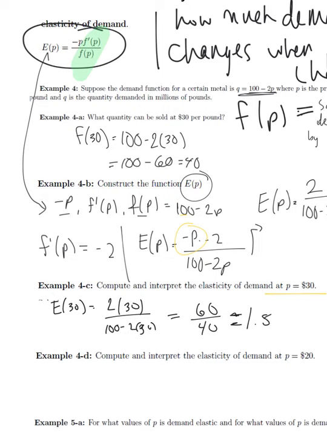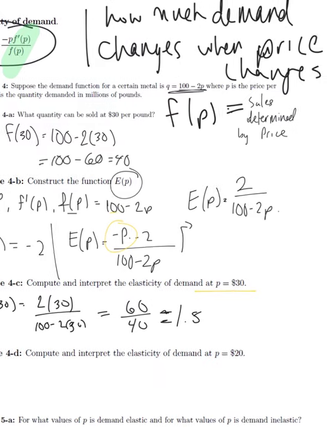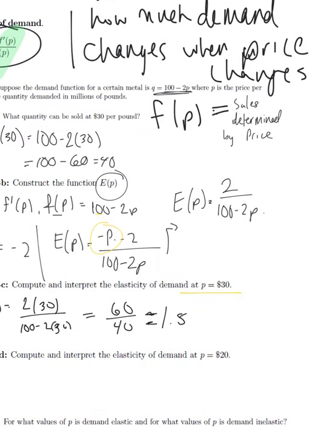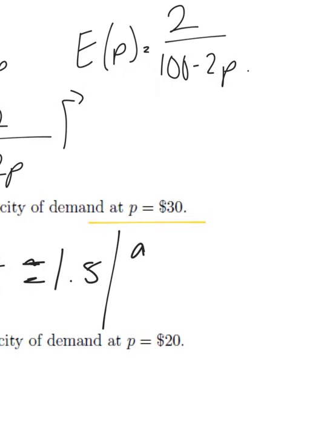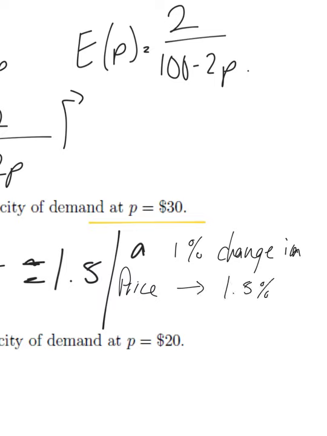Okay, and so what this corresponds to, the context of this, is that a 1% change in price. All right, so we increase by 1%. We're boiling it down to 1% so the numbers work out. It corresponds to a 1.5% change.